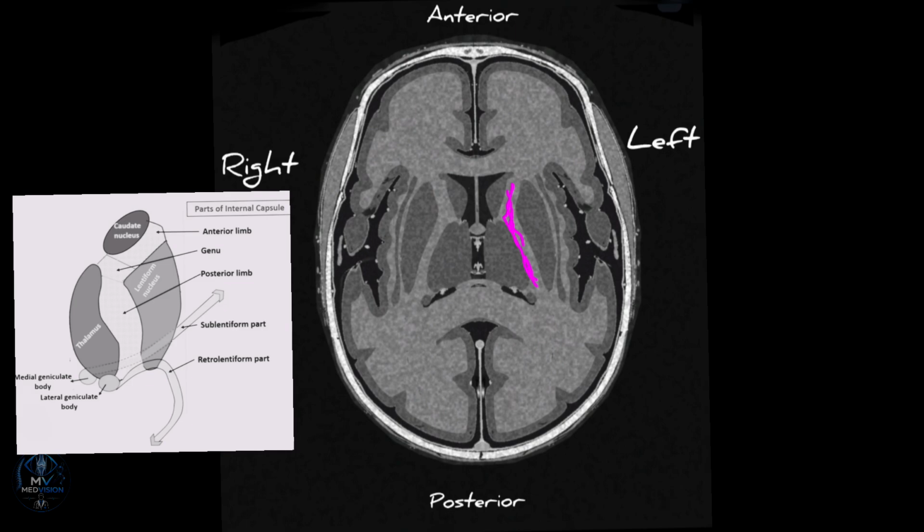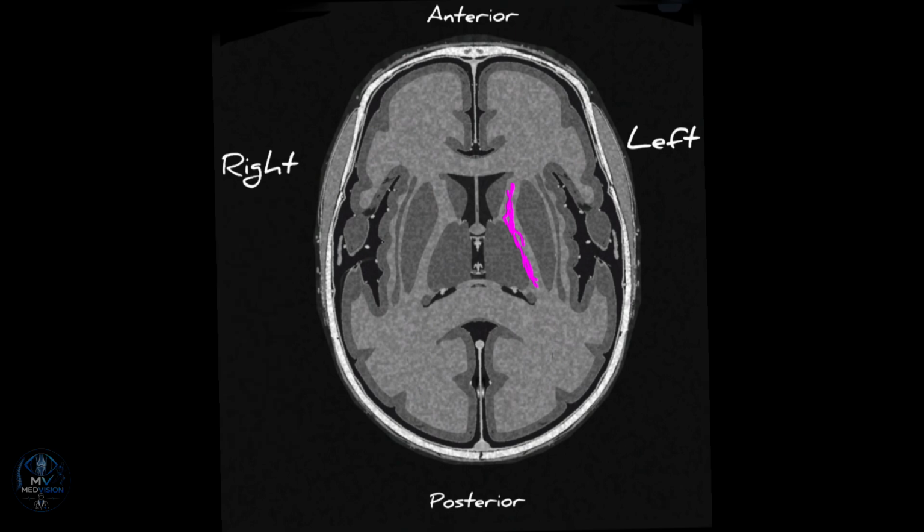It is divided into the anterior limb, genu, posterior limb, retrolenticular, and sublenticular parts. A small lesion here can produce a major neurological deficit because many important motor and sensory pathways are tightly packed within it.